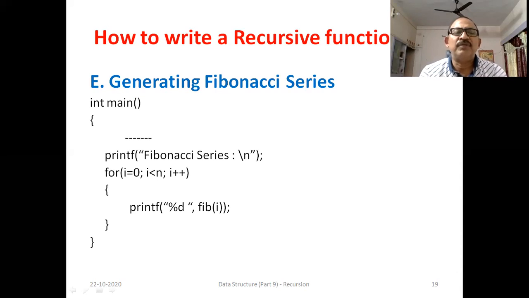You can take the help of a for loop, a while loop, or the repeat statements of the C language to generate the Fibonacci series. Here I am taking the for loop: for i equal to 0, i less than n, i plus plus. Simply print the Fibonacci terms, printf with %d, and here we call the function fib. This way we can generate the Fibonacci series.